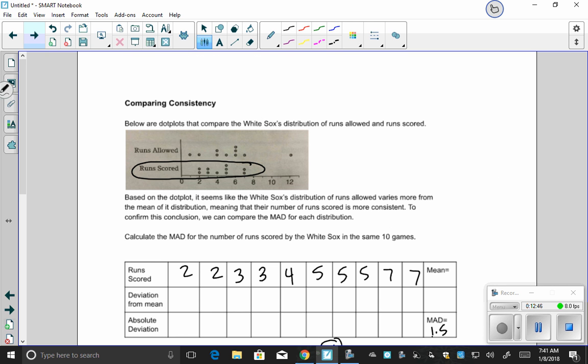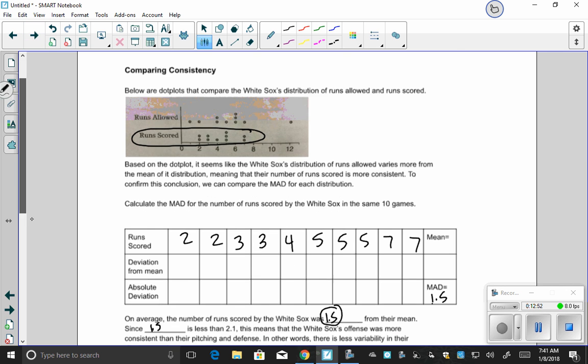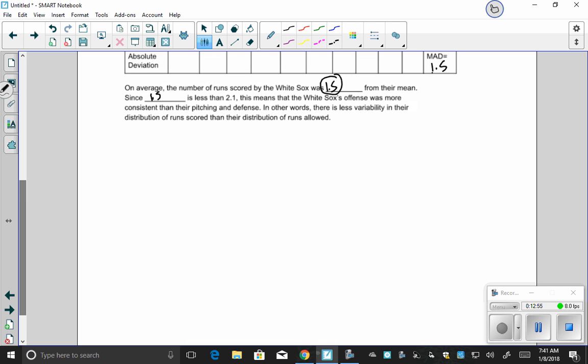So if your mean absolute deviation is smaller, that means they are more consistent. In other words, there is less variability in their distribution of runs scored than their distribution of runs allowed.